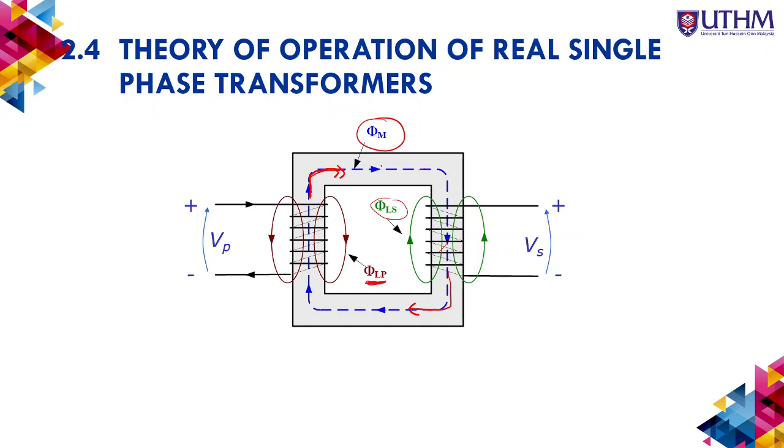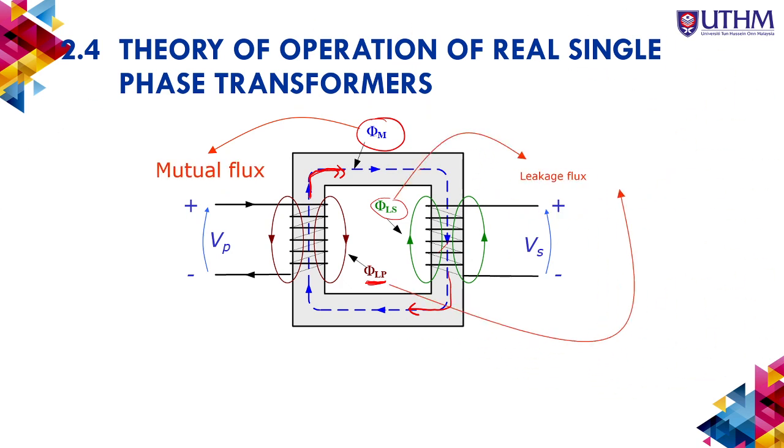So this is a mutual flux. And this is the leakage flux for the secondary and also the primary side. Okay, so they call it the average.